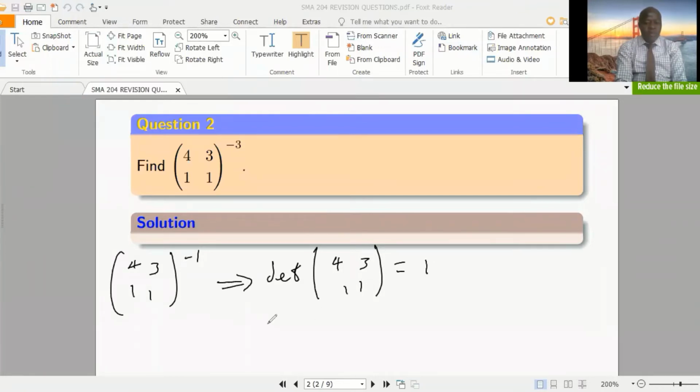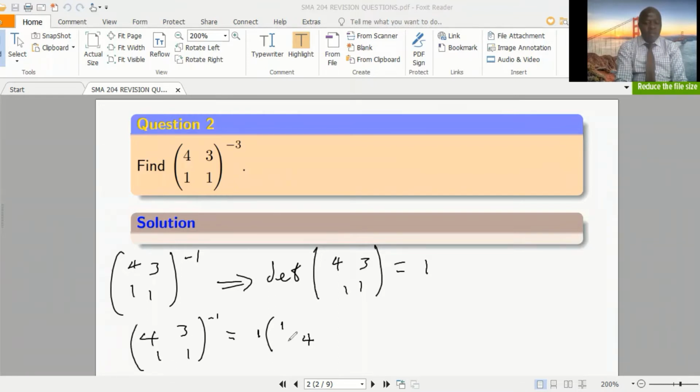So that means the inverse of this matrix, 4, 3, 1, 1 inverse, will be 1 over the determinant, which is 1 over 1, multiplied by the adjoint of this matrix. And the adjoint of that matrix, just reverse the elements of this diagonal and change the signs of the elements in this other diagonal.